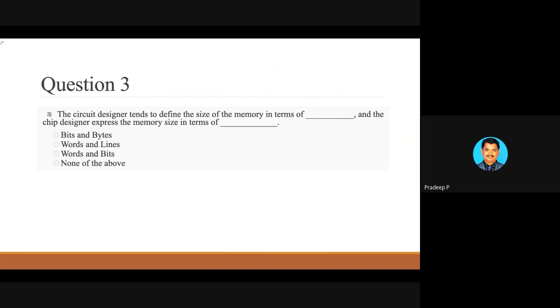Option C, I think, madam. The circuit designer defines the size of memory in terms of words, and the chip designer in terms of bits.